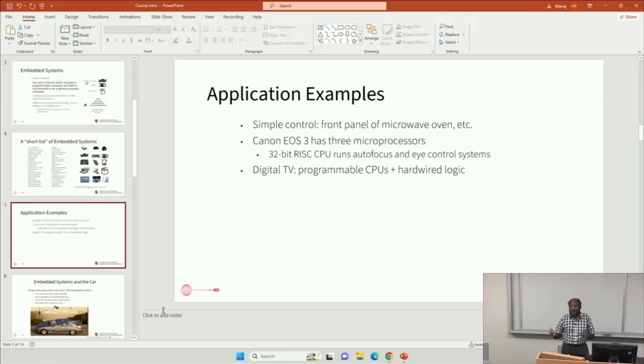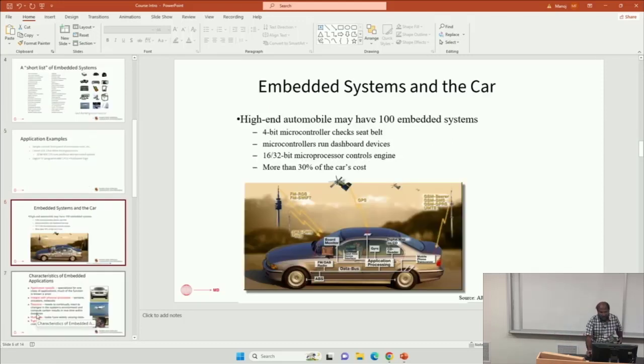So robotics, you name it. There are so many applications for embedded systems. If you look at a modern automobile, it has hundreds of embedded systems for engine control, for brake, ABS, seatbelt wearing, everything. It's just all over the place.